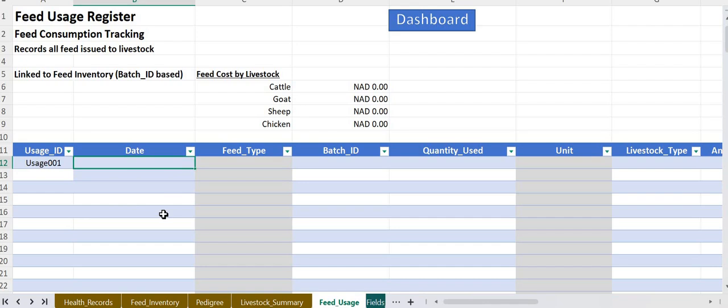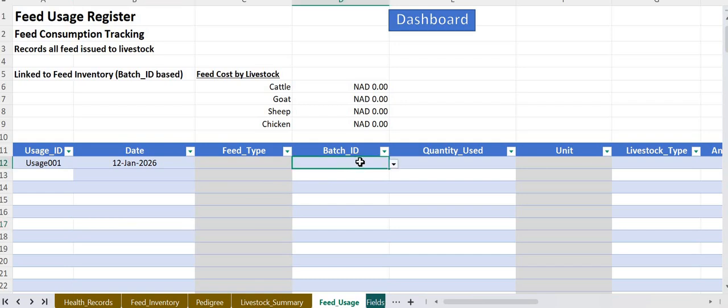And then the date. We bought it on the 11th, right? So maybe the 12th of January. All right. So the feed type, all these gray areas, you don't have to type in anything. They will auto-populate themselves. So now here is where the batch ID comes in.